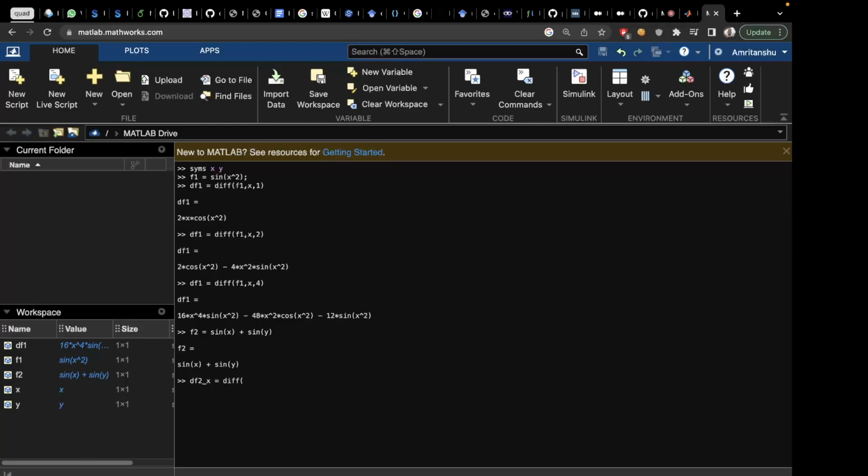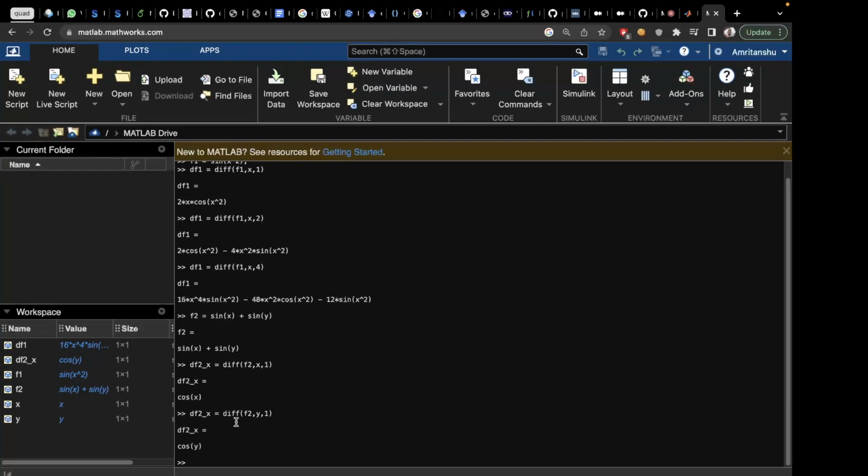Diff, we want to differentiate f2. Let's first differentiate with respect to x and the first order. So this is cos x, which you would expect. Basically you are doing a partial derivative with respect to x of this function, right? And if you put y here, it will differentiate with respect to y, which is cos y.